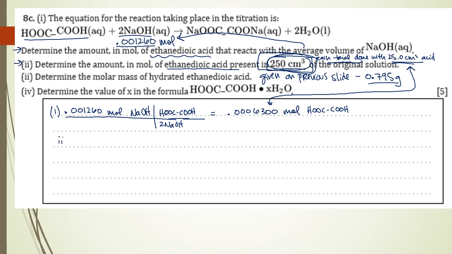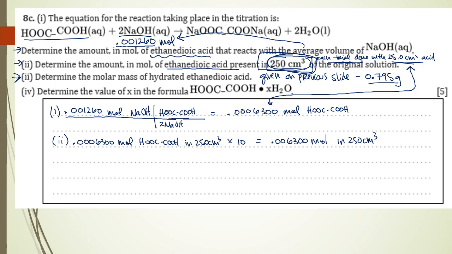So we will take our 0.006300 moles of HOOCCOOH in 25 cubic centimeters and multiply it by 10 to get 0.006300 moles in 250 cubic centimeters. Now we need to figure out the molar mass.